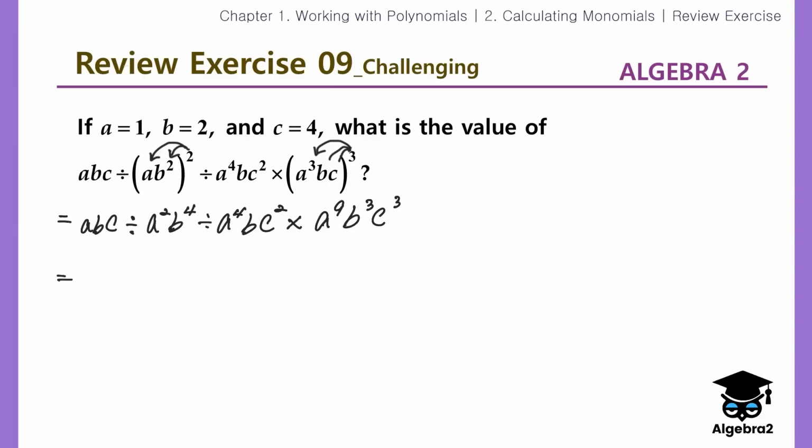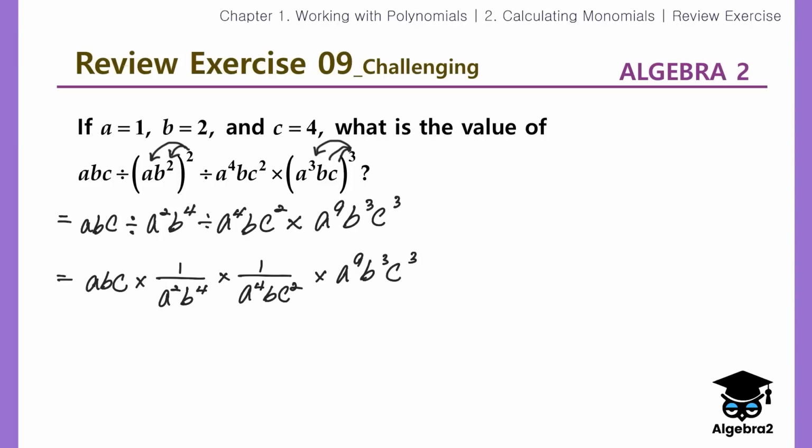Now convert this division to multiplication. So abc times 1 over a squared b to the 4 times 1 over a to the 4 bc squared times a to the 9 b cubed c cubed. So far so good?